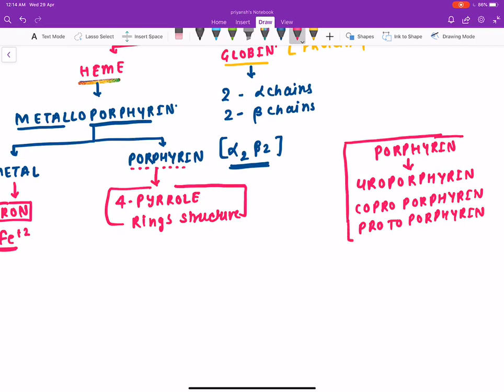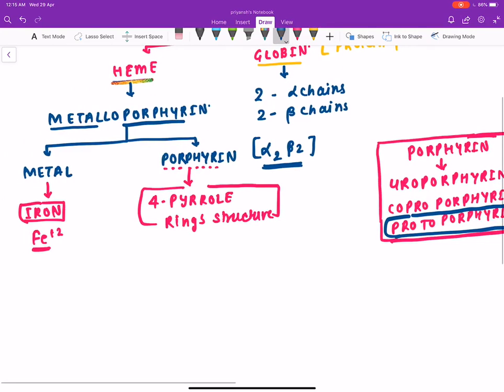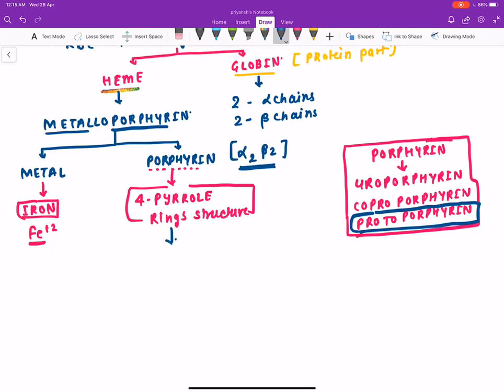But the porphyrin which is present in the hemoglobin, or I can say the heme part, is the protoporphyrin. So if they ask which type of porphyrin is present in the heme, it is protoporphyrin.